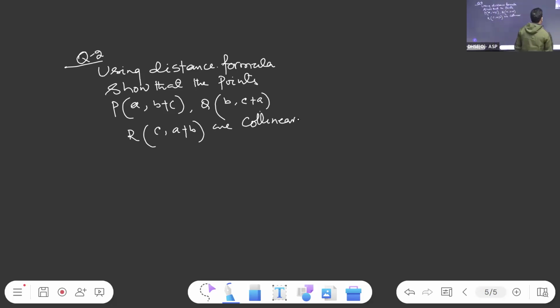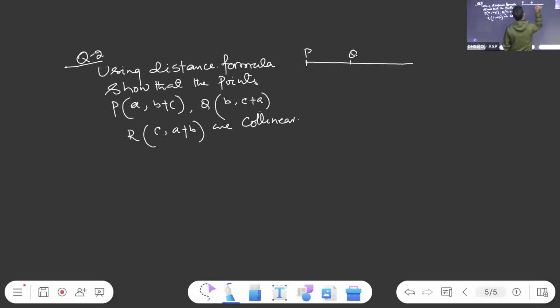Try to prove it. Using distance formula, we have to prove that the points P, Q, R are collinear.